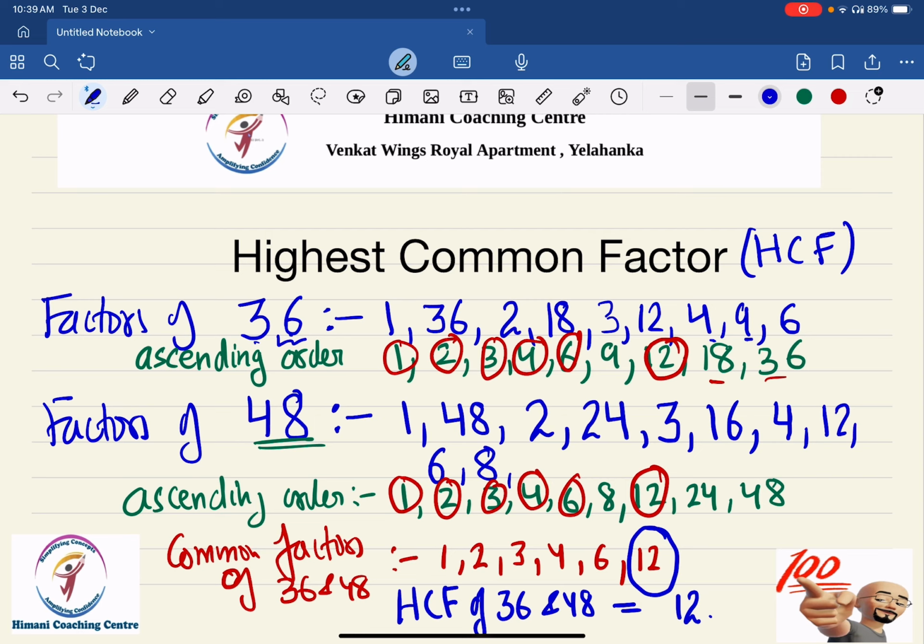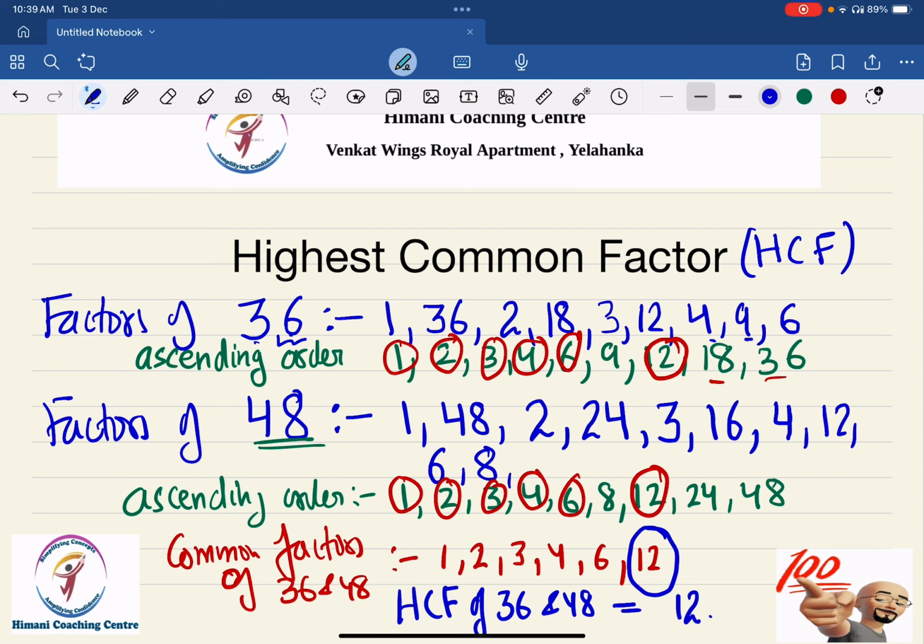So when we say common factors of 36 and 48, we are saying that if you divide 36 and 48 by 1, 2, 3, 4, 6 or 12, in each case the remainder would be 0. And out of these common factors, the highest common factor is 12.